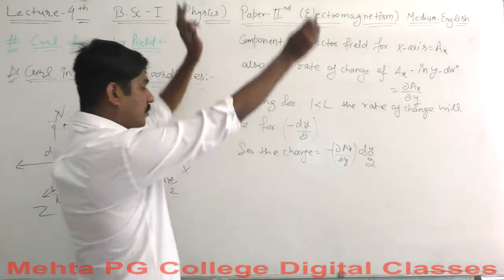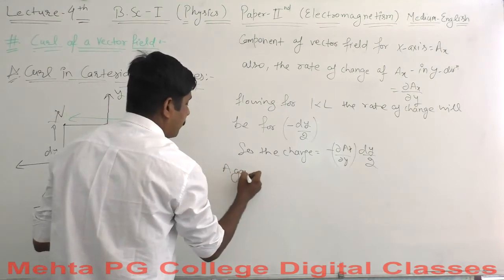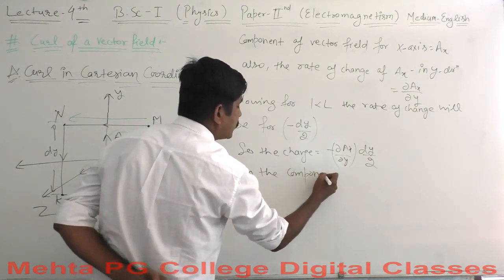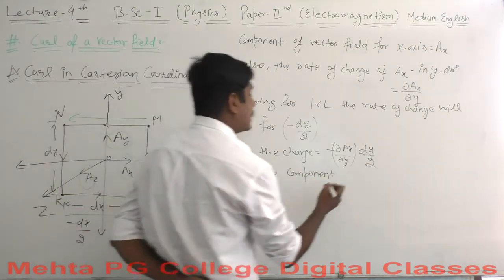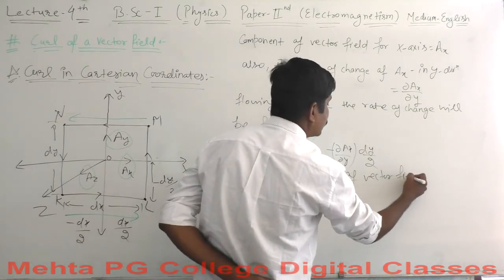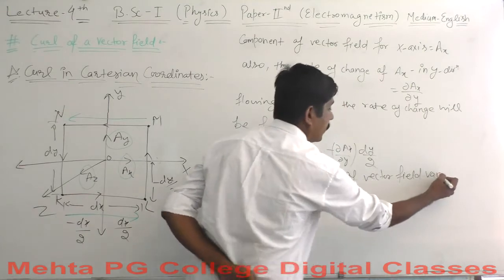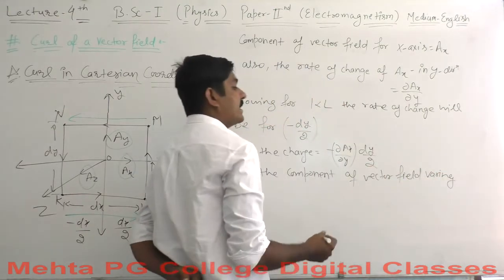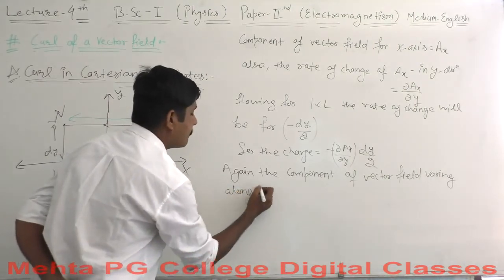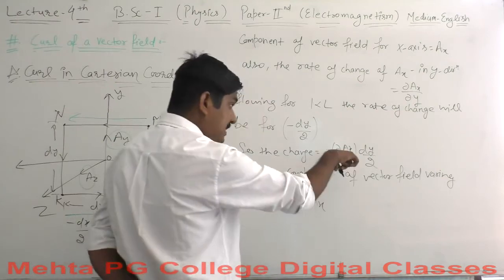So this is for the flow, and what will be the component of vector field varying along KL? The component will be Ax plus this.